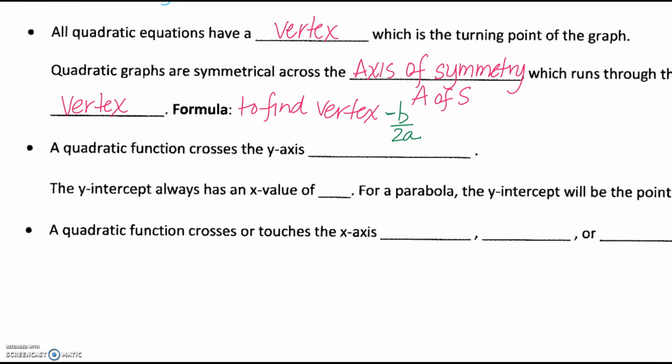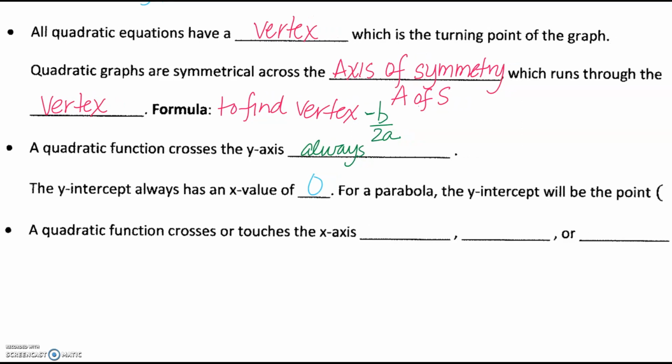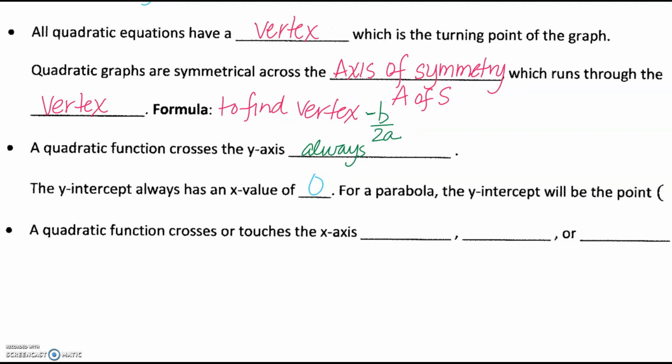A quadratic function always crosses the y-axis. The y-intercept always has an x value of 0. Because the x value is 0, it's going to be hitting the y-axis somewhere.